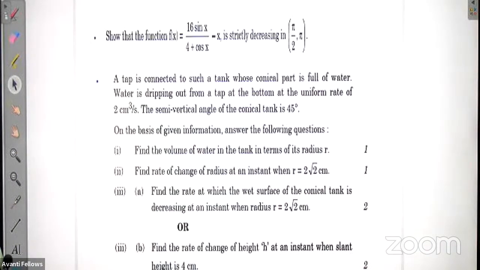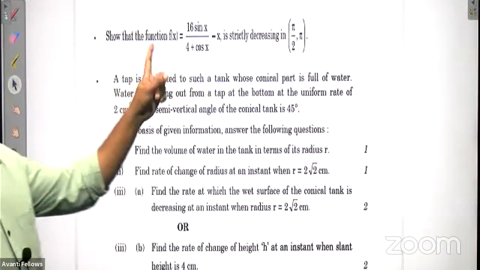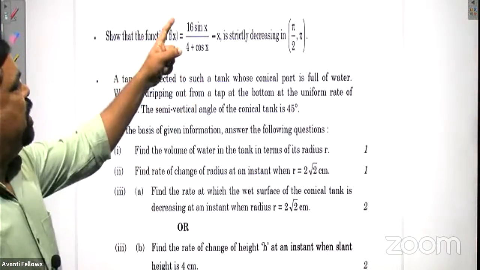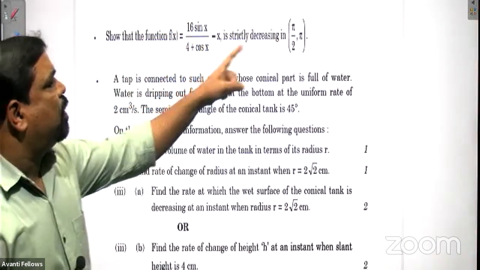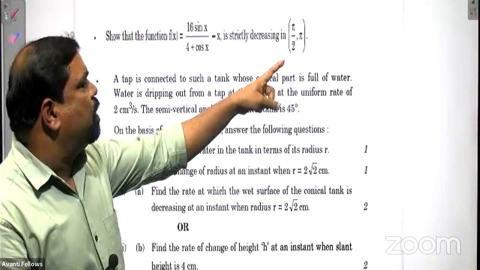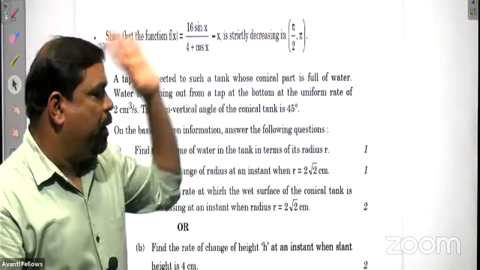Show that the function f of x equal to 16 sin x divided by 4 plus cos x, minus x, is strictly decreasing in the interval pi by 2 to pi.